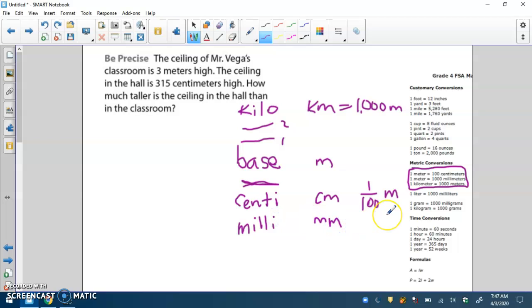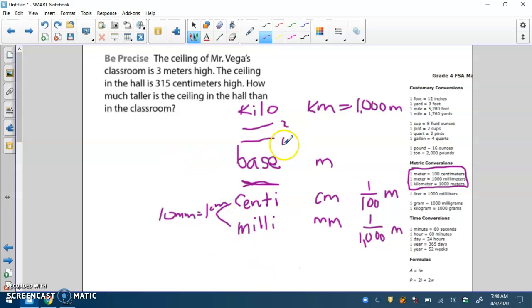Millimeter, and you guessed it, it's 10 times less than the centi, which means it's 1,000th of a meter. So the relationship between these two is very important though, because we need to know that there's going to be 10 millimeters in 1 centimeter.